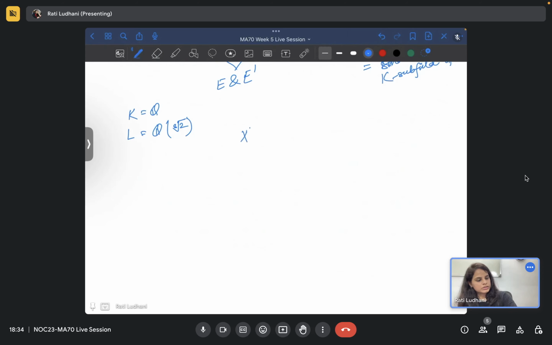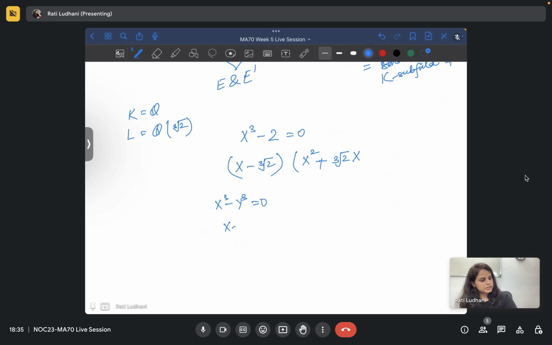Let's take the cube root of 2. So you have this, and now as I was writing, it will split. So what is the formula? x cubed minus y cubed is x minus y into x squared plus xy plus y squared.